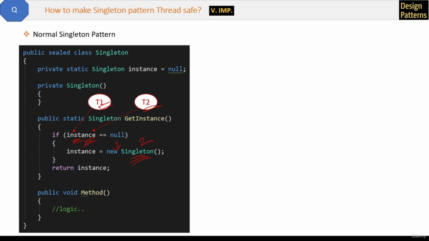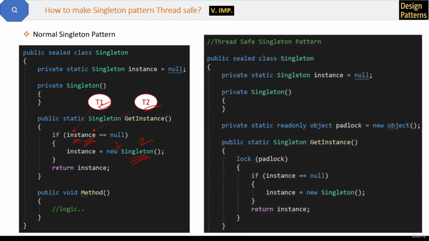So now we have to make our singleton pattern thread safe, so that this is not allowed. It is not good that these 2 threads are creating 2 instances at the same point of time. For that, first we will create a read-only object padlock like this, and then we will apply the lock method over this if condition. This lock will allow only one thread at a time inside it.